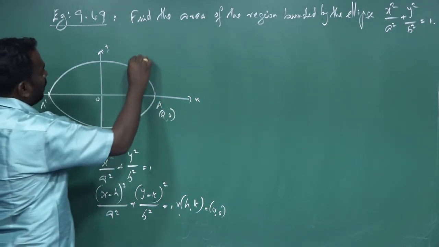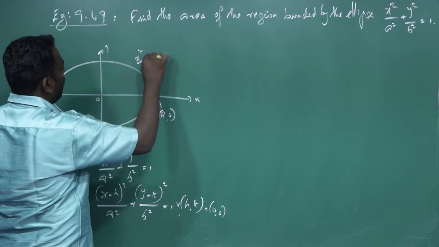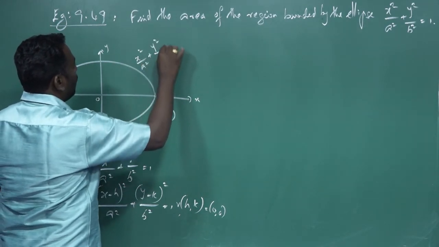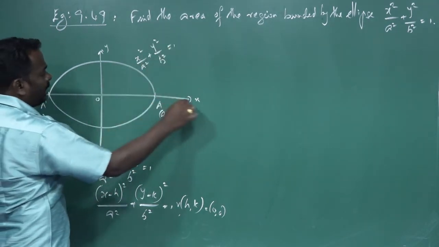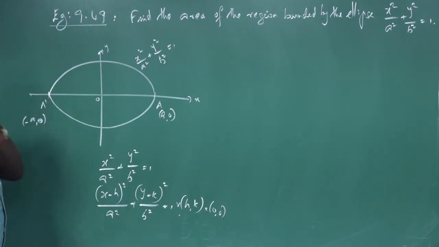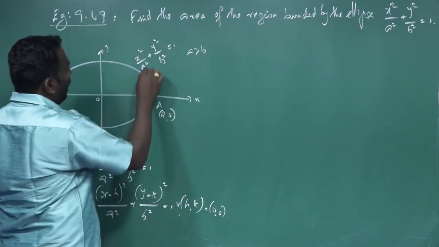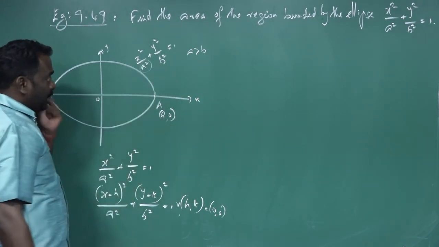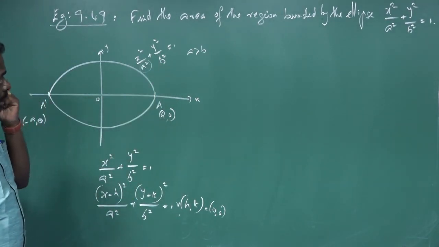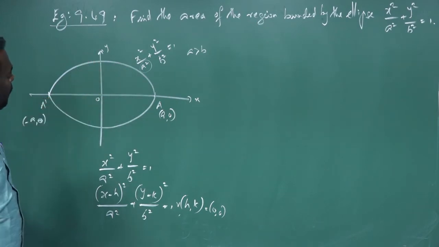This equation x square by a square plus y square by b square equal to 1 is about the x-axis, because a is greater than b, and the greatest value of the denominator is called a square. Here it is about the x-axis.